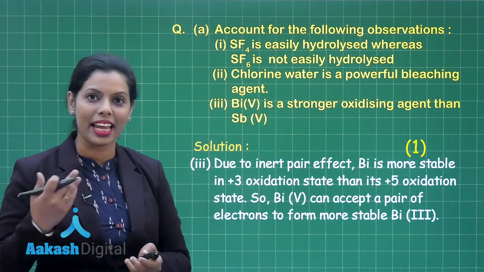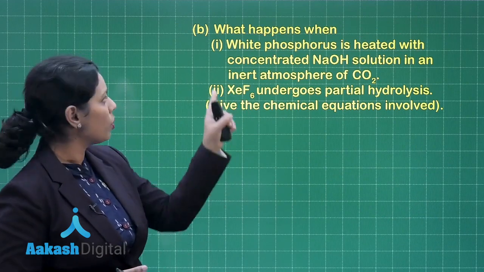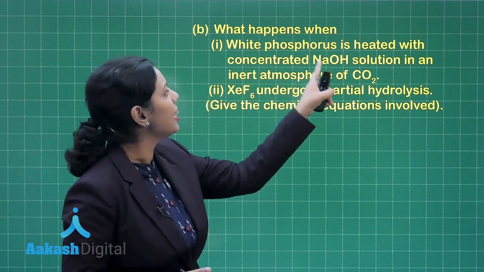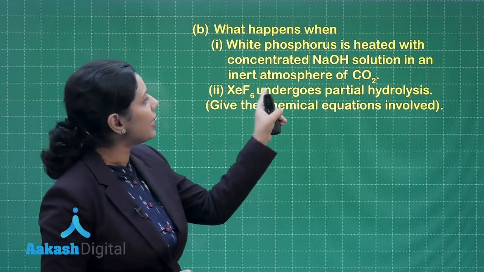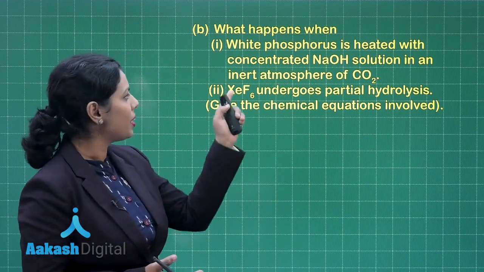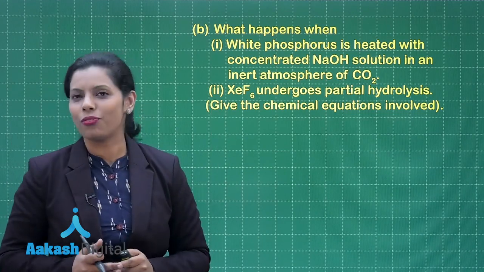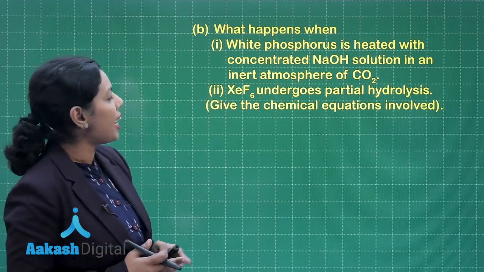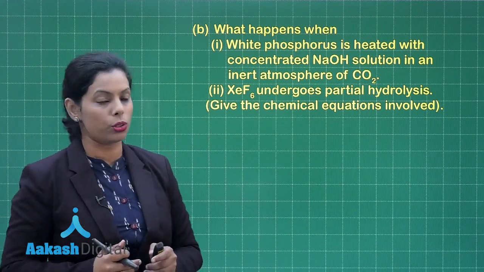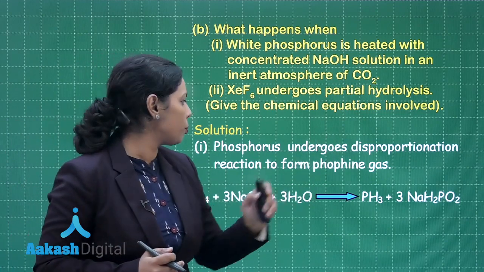It's a turn for the next part of the question, that is part B. What happens when white phosphorus is heated with concentrated sodium hydroxide solution in an inert atmosphere of carbon dioxide? This is exactly the preparation of phosphine gas, and we need to write the chemical equation here also. So we can answer this as: phosphorus undergoes a disproportionation reaction.